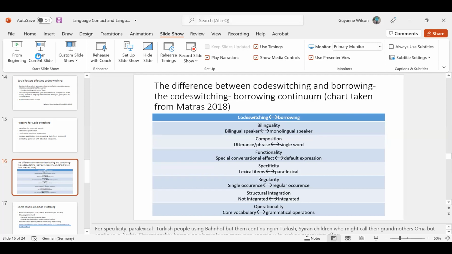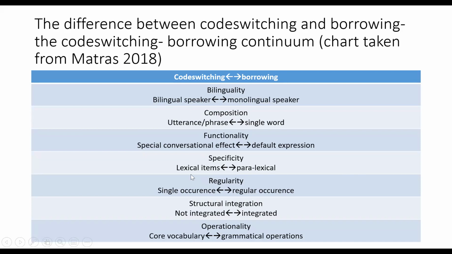So specificity has to do with the fact that if somebody borrows a whole lexical item, then it's probably code switching. But if it's paralexical, so paralexical is a word that's being used to describe something, but it's now integrated into the language, except it happens usually with bilingual speakers.